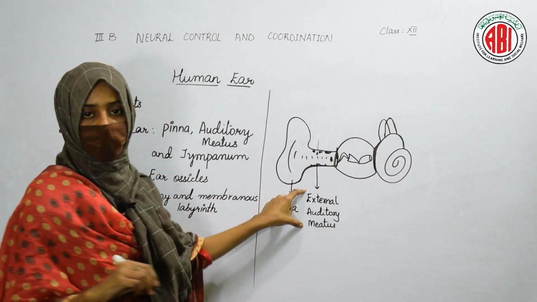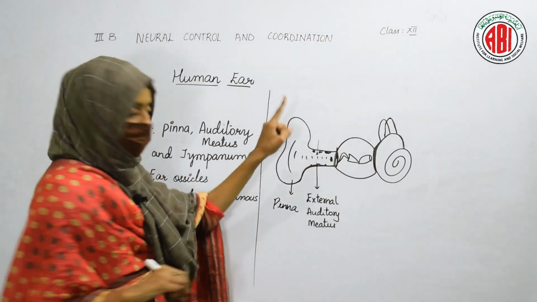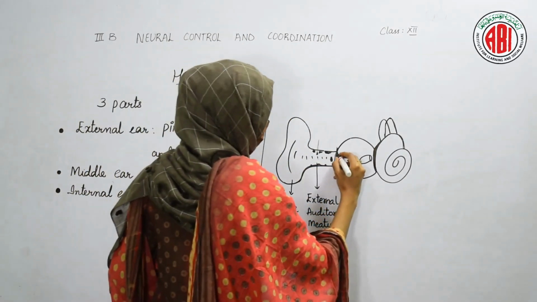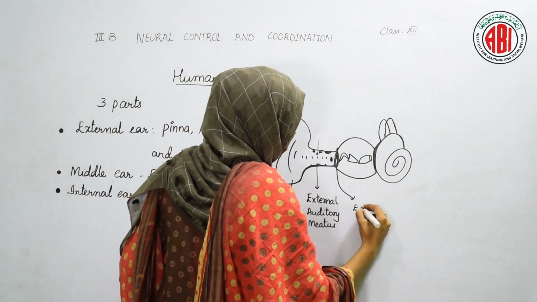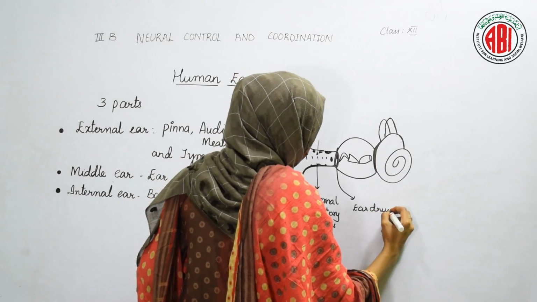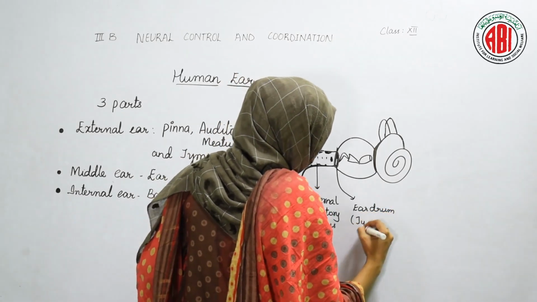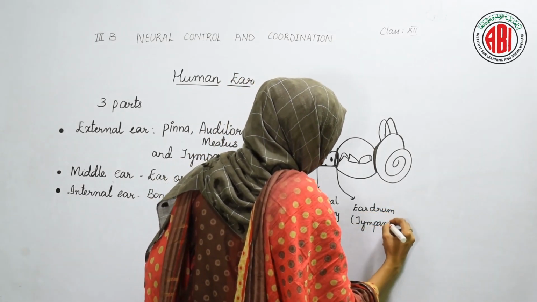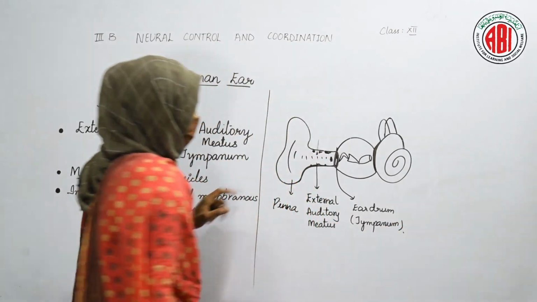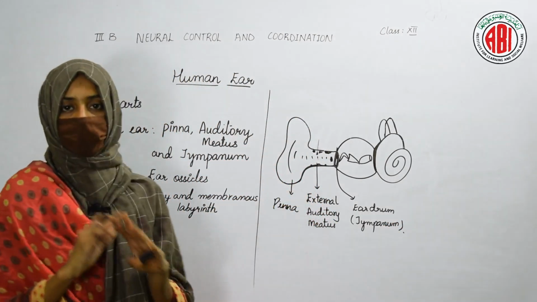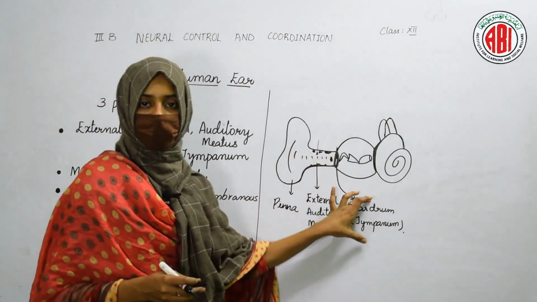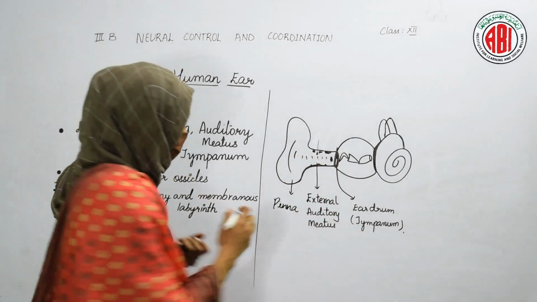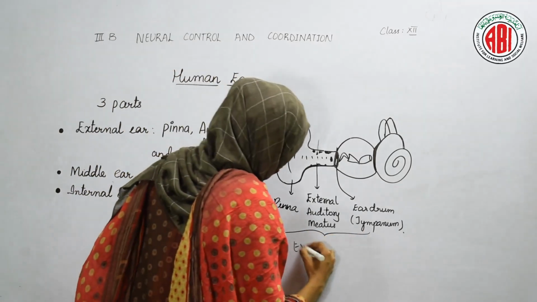After the external auditory meatus, one structure is present like this, and it is termed as eardrum. Eardrum can also be named as tympanum. So in this way, three parts form our external ear: pinna, external auditory meatus, and eardrum, also called tympanum. This is our external ear.